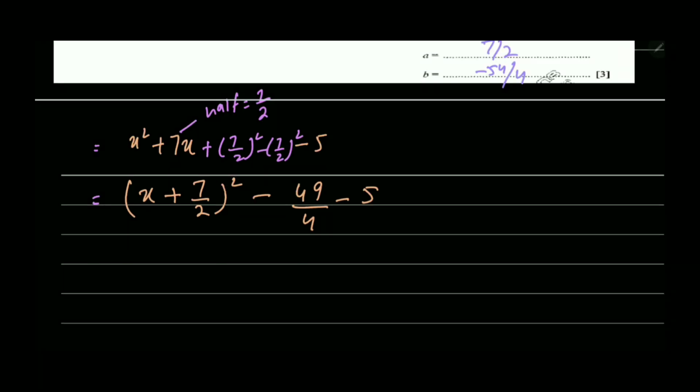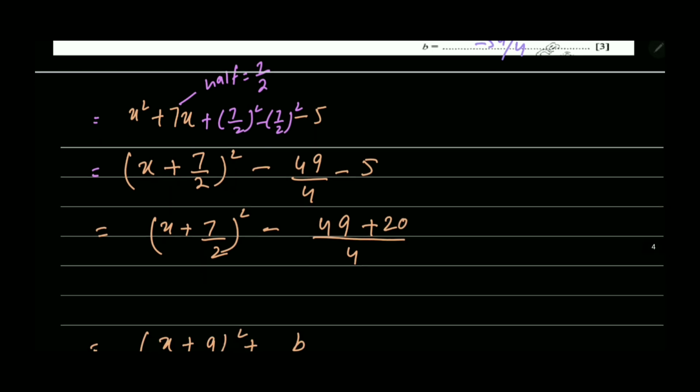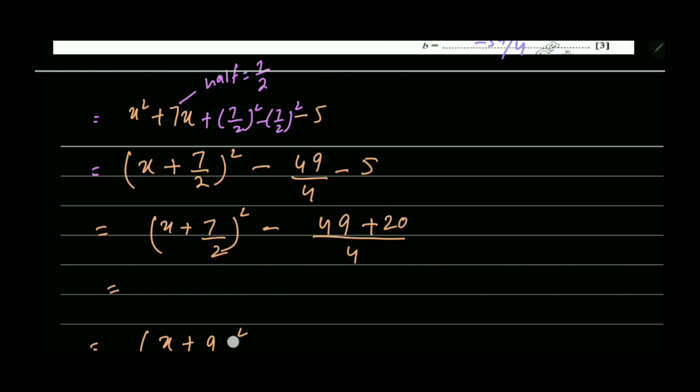Now we will take the LCM. x plus 7 by 2 whole square will remain as it is. 4 is the LCM: minus 49 plus, don't forget to change this sign because there is a minus sign outside the bracket. When we take the LCM, since there is a minus sign outside, we change the sign inside. So 5 times 4 is 20. x plus 7 by 2 whole square minus 49 plus 20 is minus 69 over 4.